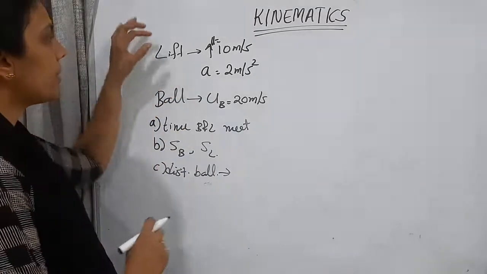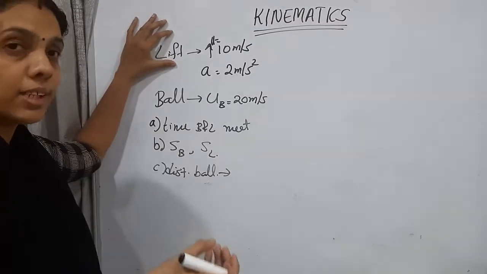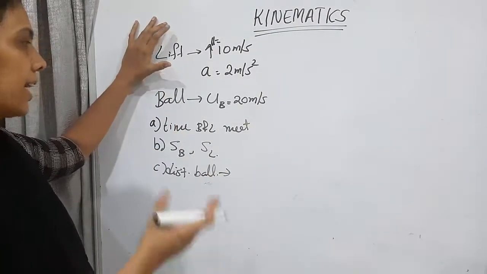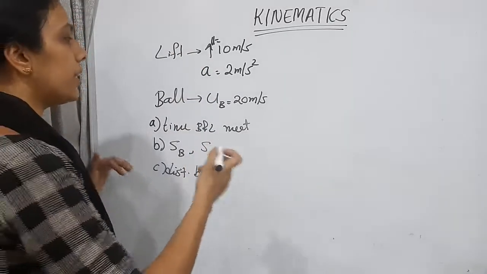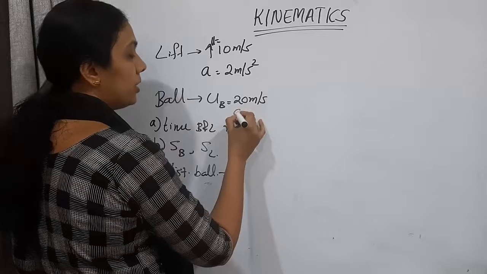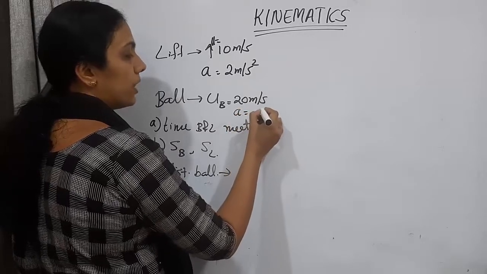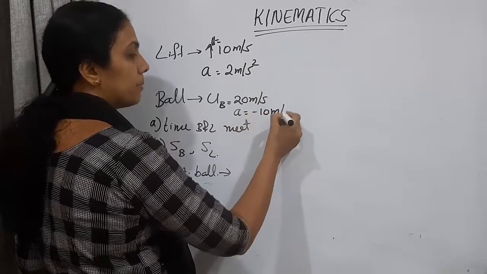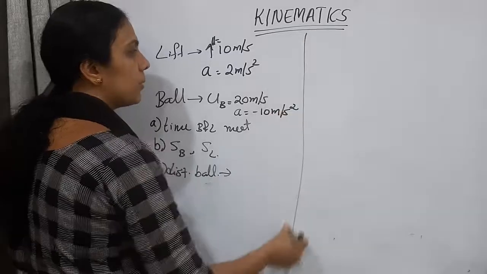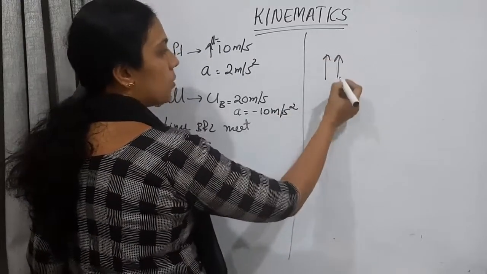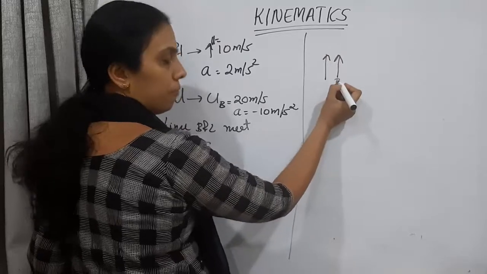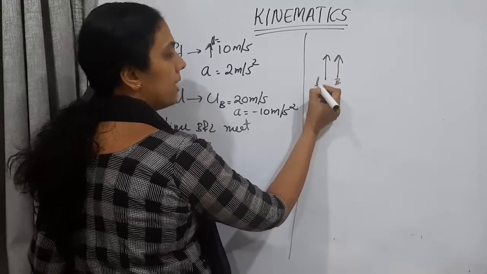In the question, a lift is moving upward with an acceleration, and the ball is also moving in the upward direction. While it is moving upward, the acceleration of the ball will be equal to minus 10 meter per second square. So here both are moving in the upward direction. This is the ball from the ground and this is the lift.